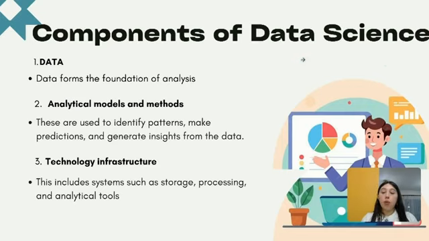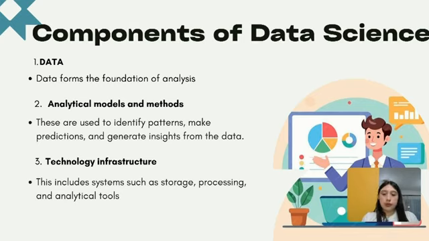So we talk about the components of data science. The first one is data. Data forms the foundation of analysis. It includes structured and unstructured data from sensors, the different production systems, or historical records. The second one is analytical models and methods.